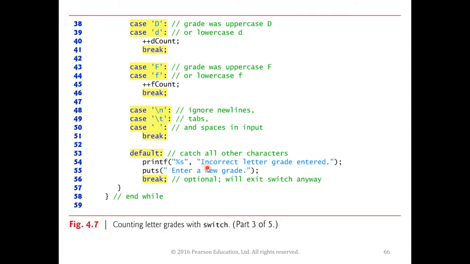So if you enter anything other than A, B, C, D, F, and then these characters, let's say you enter the character X, you press the key W, you're going to get this message: incorrect letter grade entered, because your letter grade can only be one of 5 values. So if you press any other key, you're going to get this message, and it is going to ask you to enter a new grade.